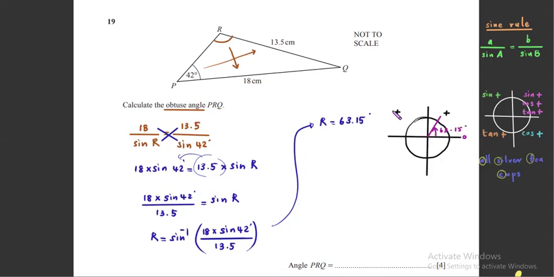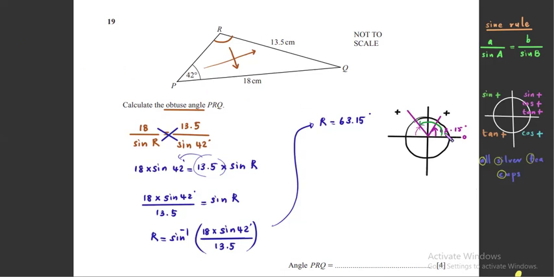I need to find the other angle that will give us the same value as this one. In that case, I'm going to reflect this line across the y-axis. When I reflect it, this angle will be the same 63.15, but we need the angle from 0 all the way up to here.